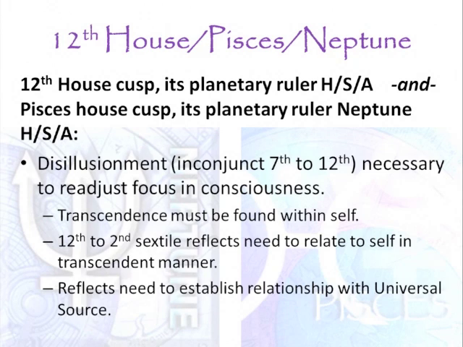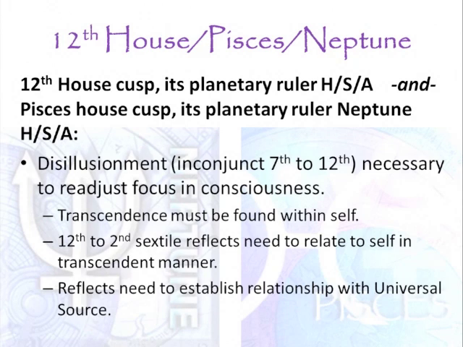It's a necessary archetype to the 12th house because it helps us readjust our consciousness. And what it teaches us is that transcendence must be found within ourselves versus unconsciously projecting it out there onto the partner.